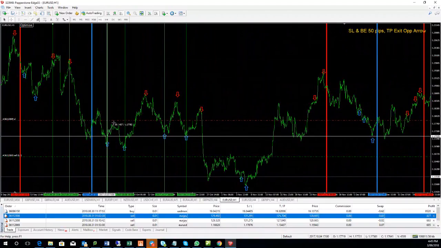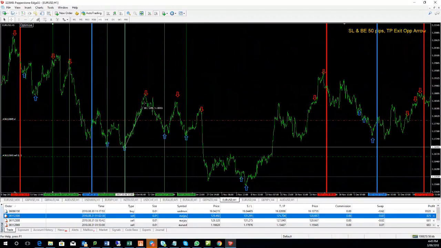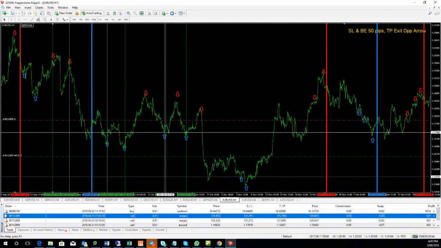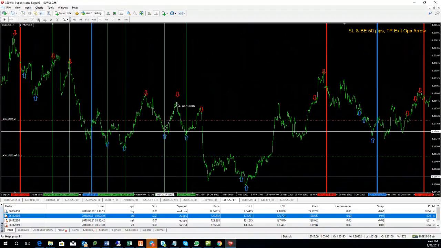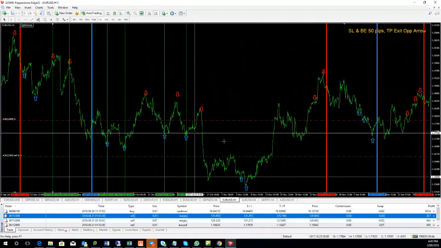So this one here, you'd be pushing break even. It might be a loss. This one here, 180 pips. You're looking at 90 pips for the next one. 84 pips.